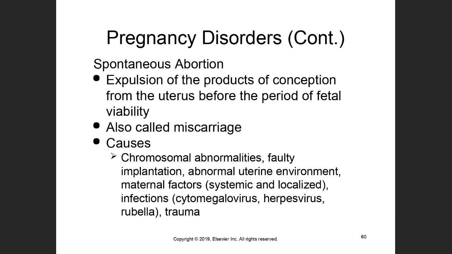Spontaneous abortion is the expulsion of the product of conception from the uterus before the period of fetal viability. That means before 20 weeks of pregnancy. It is also called miscarriage. The most common cause in the first trimester, the first 13 weeks, is chromosomal abnormality.